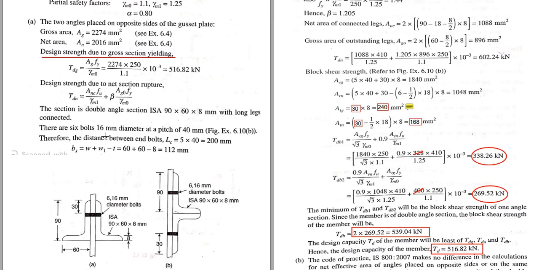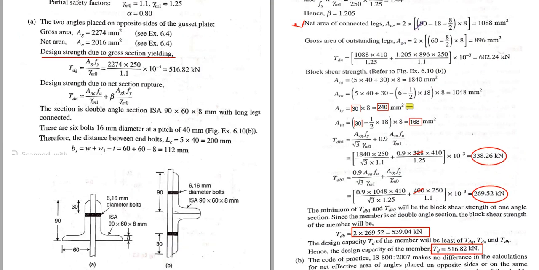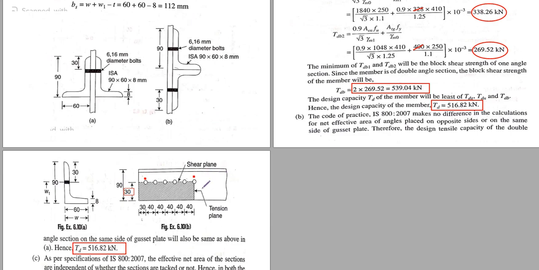Let us find this ANC first. ANC, the net area of the connected leg, is equal to 2 into, this 2 is for the two angles, 90, that means this leg is the connected leg.